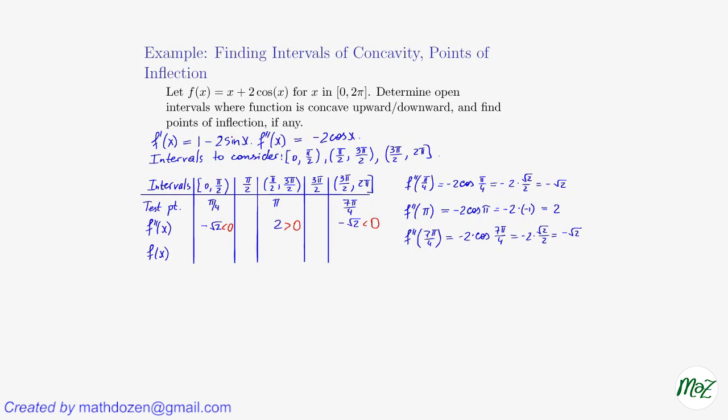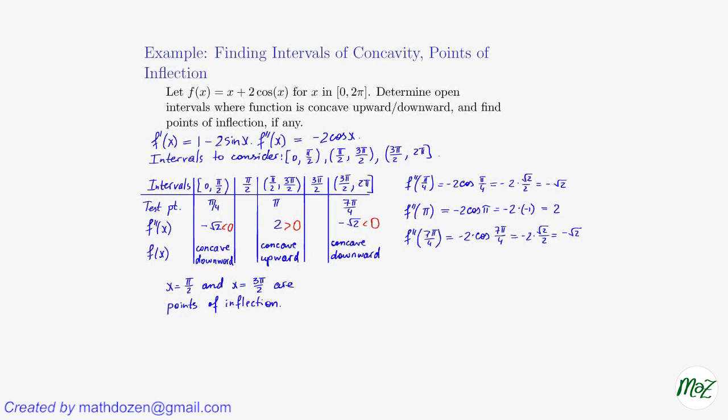Since the second derivative is negative on the leftmost and the rightmost piece, we claim that the function is concave downward there. And for the middle piece, the function is concave upward. Hence, those two points of interest are exactly points of inflection, because concavity changes from downward to upward and from upward to downward.